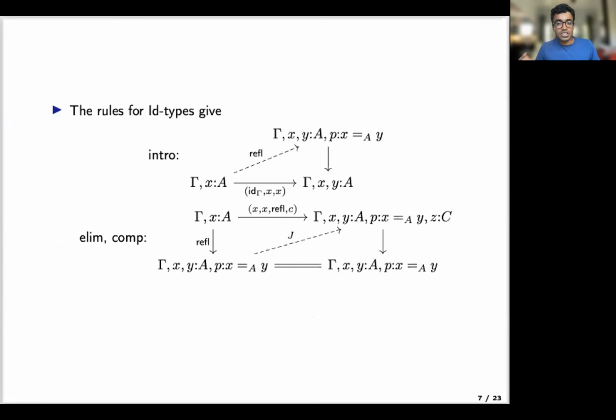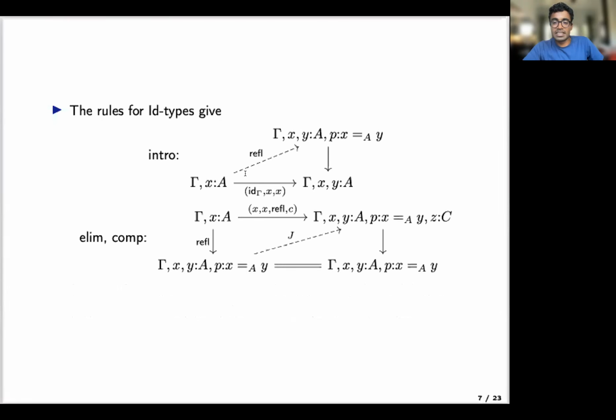All right. So here are the rules for identity types. So the identity types are defined as follows. I'm not sure if you've seen these diagrams drawn before in the course. I don't really remember them being drawn, but so this is clearly the introduction rule.